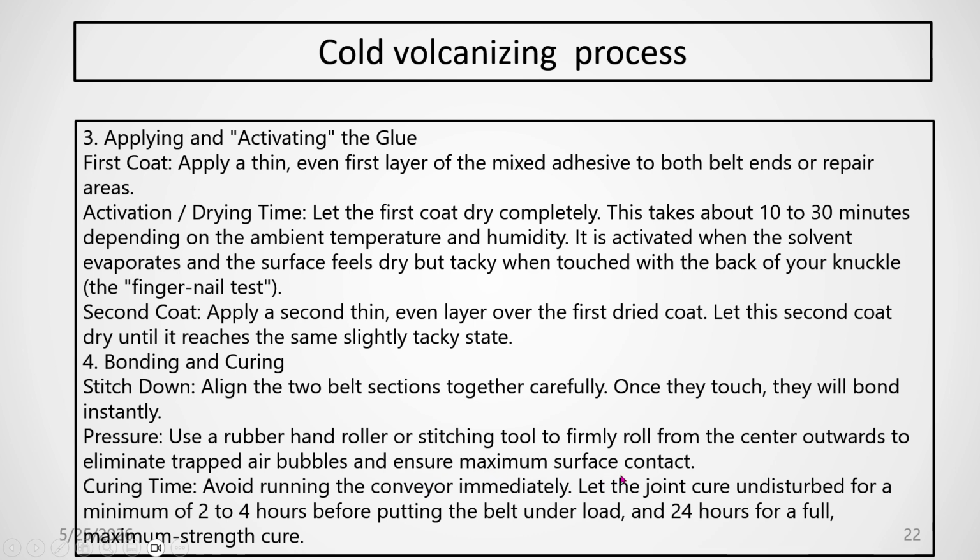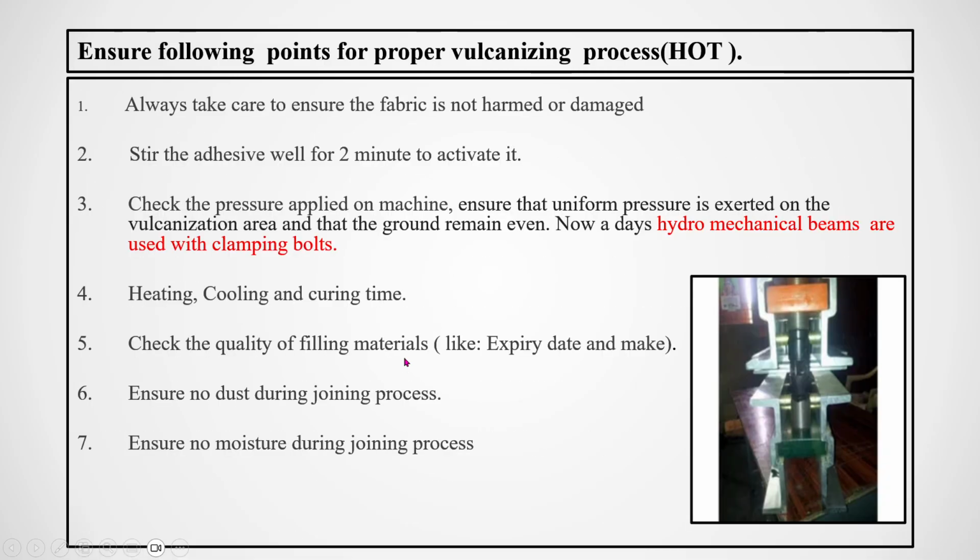Ensure maximum surface contact. Curing time will be 2 to 4 hours before putting the belt under load, and 24 hours for full maximum strength. After 24 hours the maximum strength will come, and you can put the belt on line.